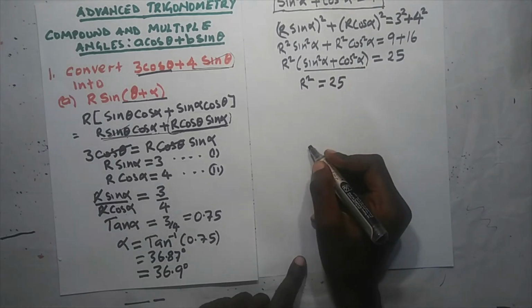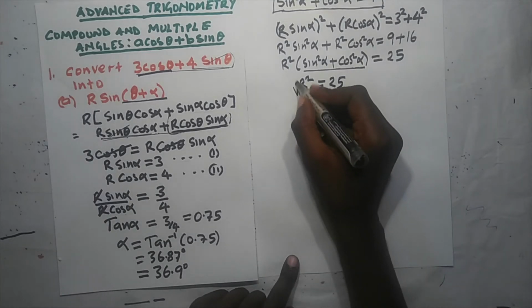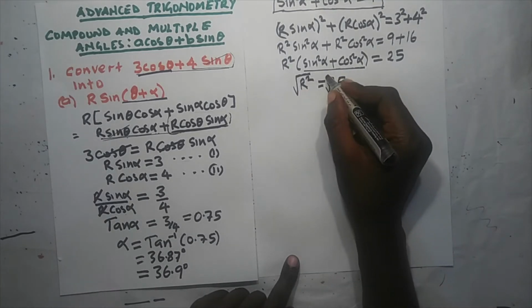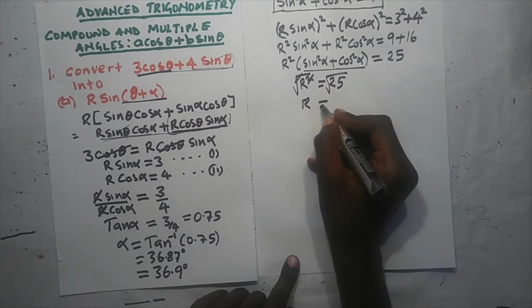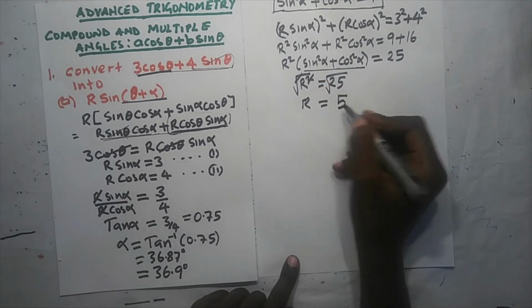And now we can find the value of R by getting the square root. So the square root on both sides. So this one will cancel with that. You have R is equal to 5.